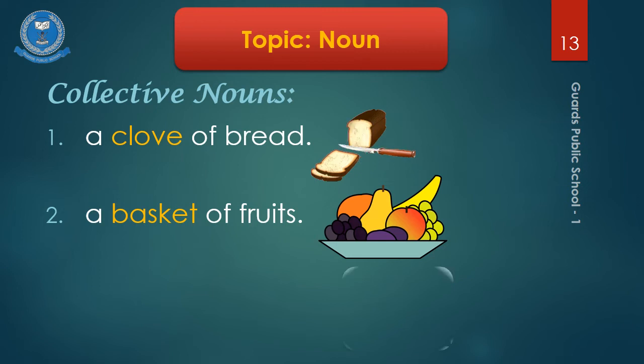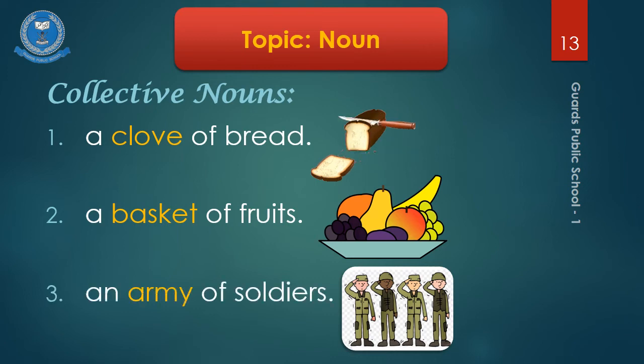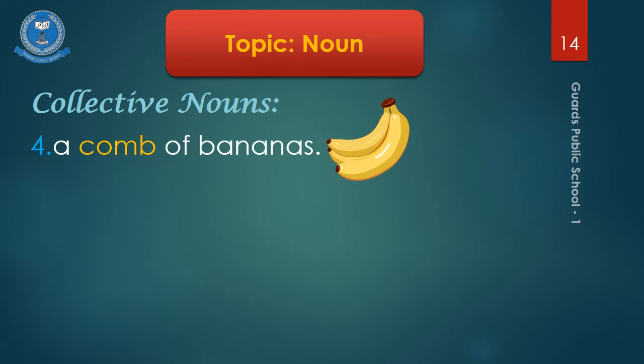Number 3, we can see some soldiers, and the collection of all soldiers can be named as an army. Means we can say an army of soldiers. Number 4 are bananas. As it is not a single banana, it can be said as a comb of bananas.